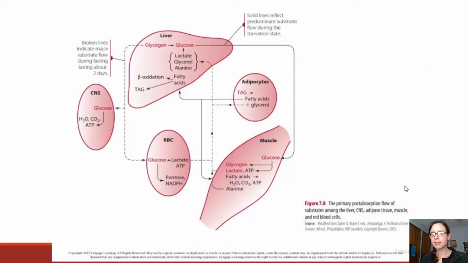So again, this is in the post-absorptive phase, and let's just concentrate on the amino acids. It's these dark lines that are the processes that predominate in this stage. So we can see here that we have our alanine from our muscle breakdown, and the alanine is going to go to the liver. The glucose from the liver is going to go to the muscle, and we have our glucose-alanine cycle.